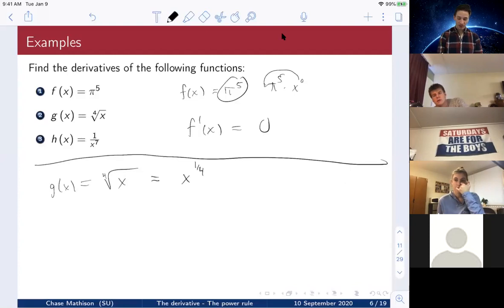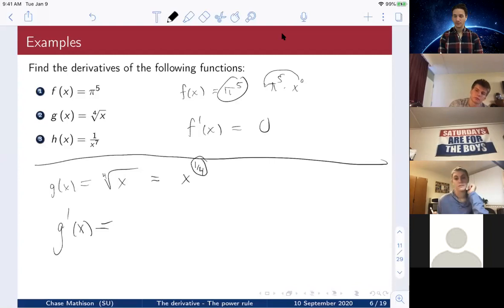And that's why we write it as x to the 1/4. Okay. So now looking at it like this, what is g prime of x? Well, my exponent is 1/4. So what do I do with that? I boop it out in front. So I'm going to get 1/4 times x to the 1/4 minus 1.